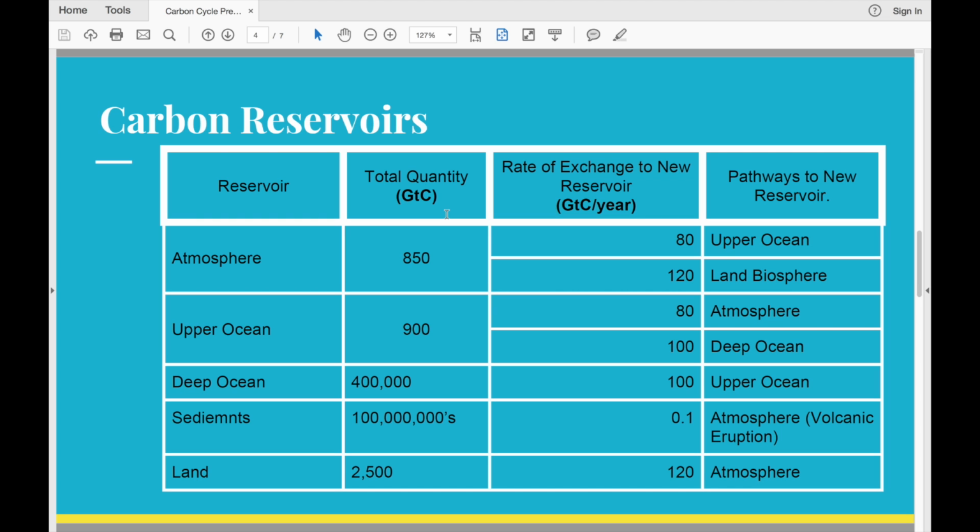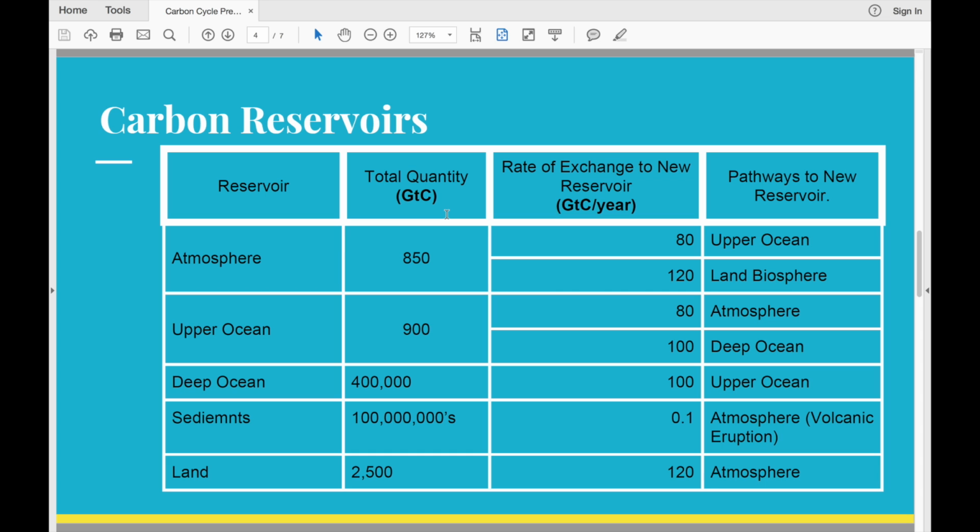The upper ocean reservoir has a total of 900 gigatons, and it will take 80 years for one atom of carbon to reach the atmosphere and 100 years for it to cycle to the deep ocean. Once in the deep ocean, there's about 400,000 gigatons of carbon at an exchange rate of 100 years for 1 gigaton to reach the upper ocean.